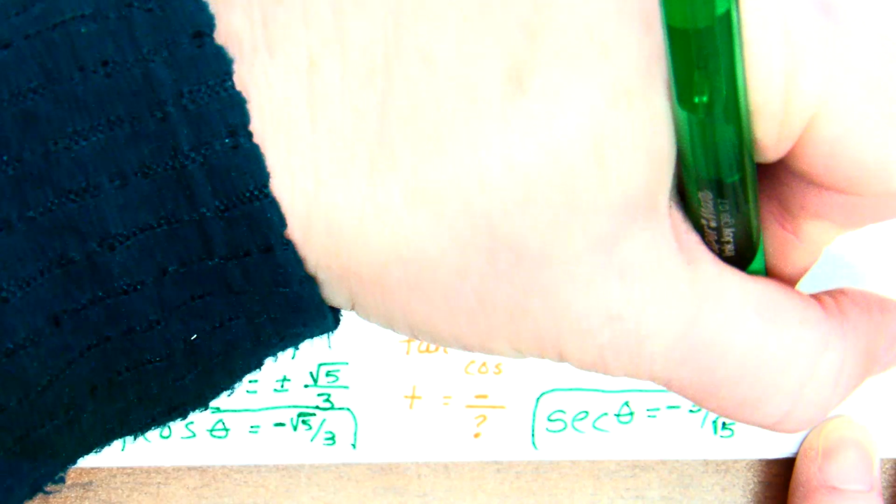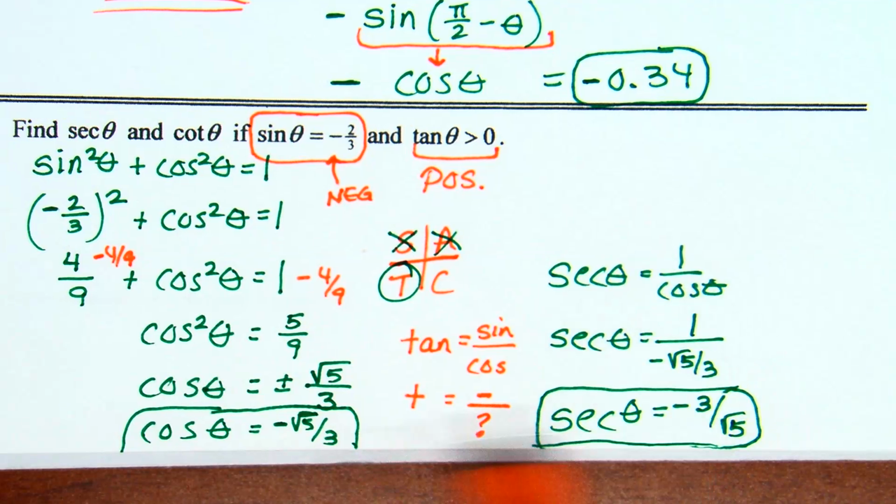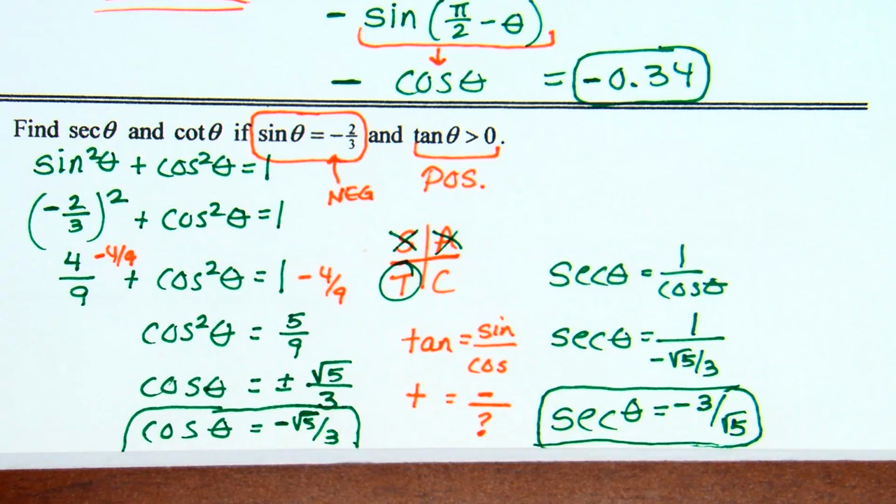Yuck, what's easier to just say? Secant is negative 3 over square root of 5. Can you technically skip that step? Yes. Officially, I'm writing it out as a reciprocal identity, but if you know that, you can just jump right there.